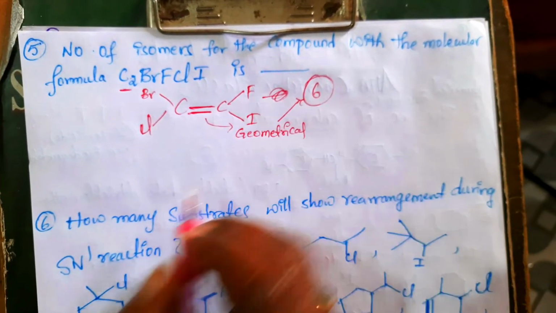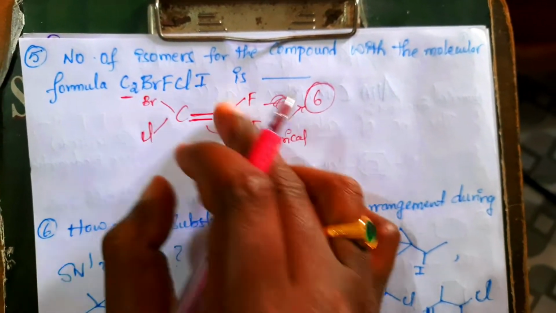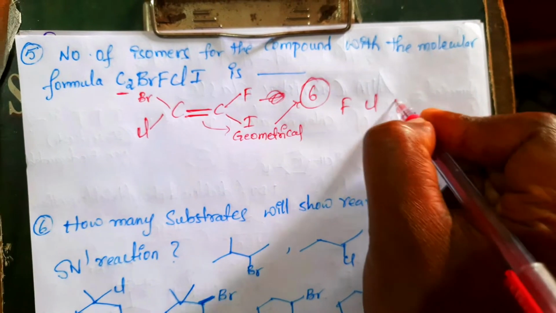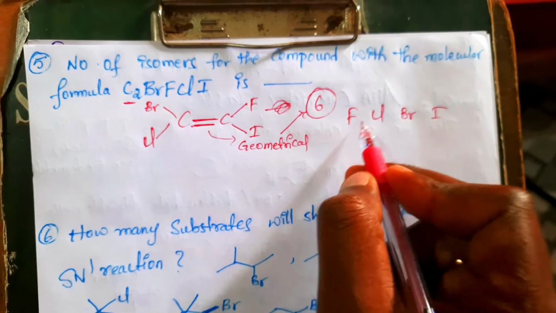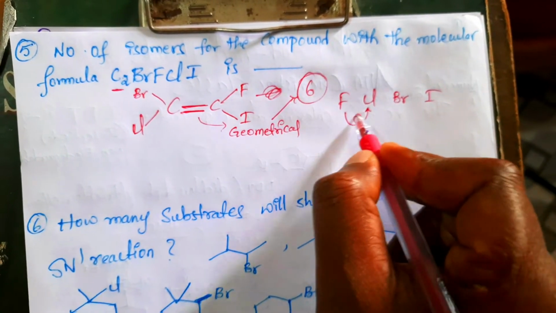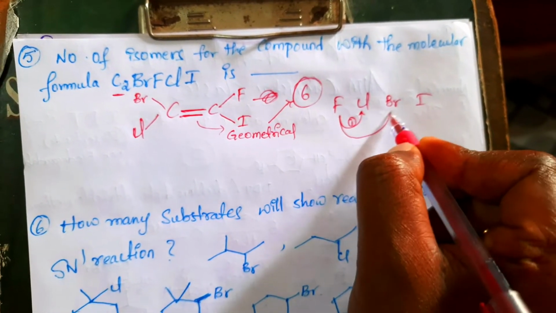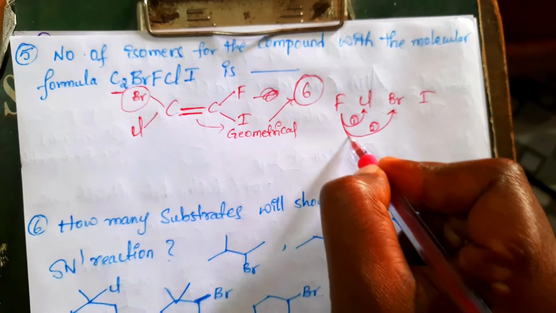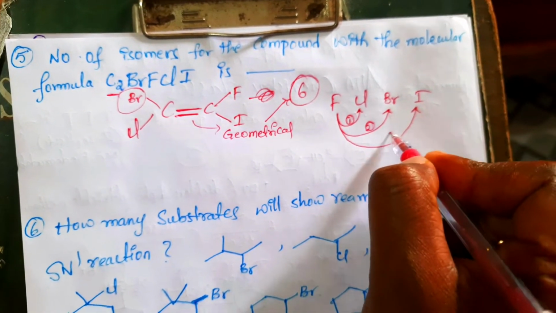6 isomers are possible. How do you know? By interchanging these halogens: fluorine, chlorine, bromine, iodine. Fluorine can replace chlorine, giving one isomer. Fluorine replacing bromine gives a second isomer. Fluorine replacing iodine gives a third isomer.